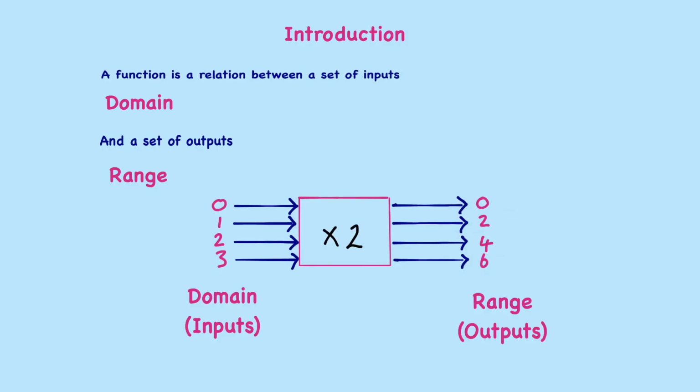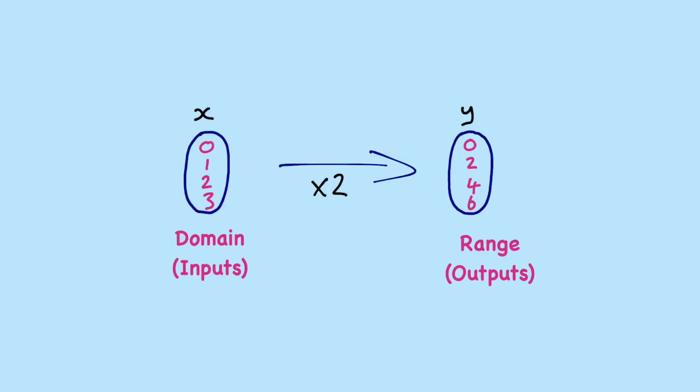Another way of showing it is like this. Instead of using y, we normally use f of x. You may have come across this notation before when you've been looking at graphs, whether quadratic graphs or linear graphs. So instead of saying y equals, often they'll say f of x equals, because what f of x means is a function, and a function is another way of describing a graph.